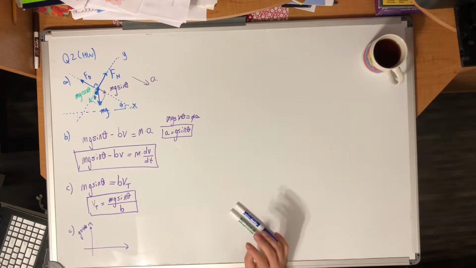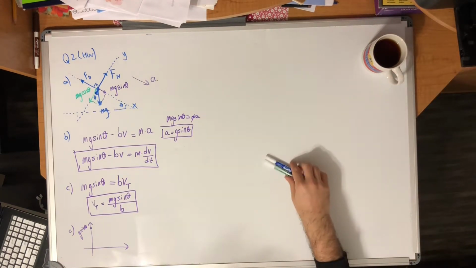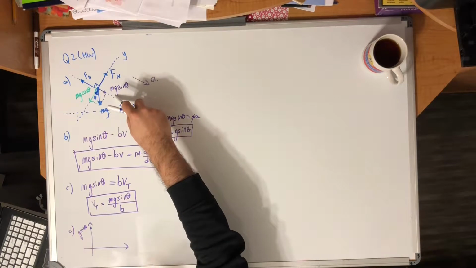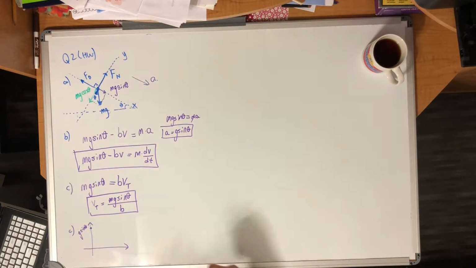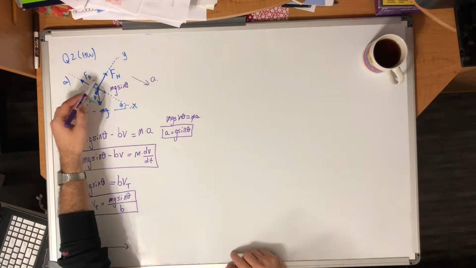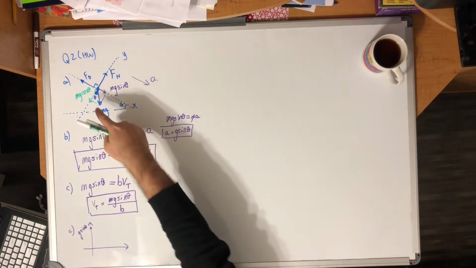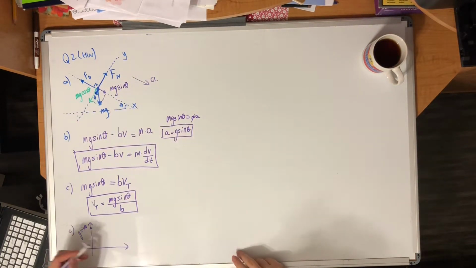As time goes on, what's happening? Drag force is building up more and more, and at the end, this becomes equal to this. That means your acceleration is becoming 0. And since this is happening over time, and as this increases, that is also increasing, that's not going to be a linear thing, that's going to be an exponential thing.